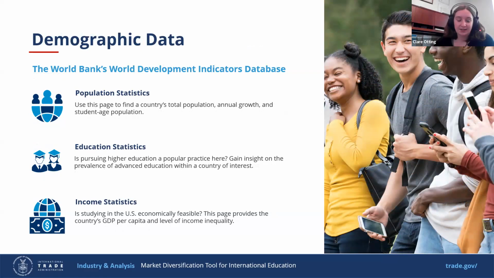And then it also has data that's specific to the education of the market's population. So we'll say the percentage of their population that has advanced degree, for example. And then there's also the income and income inequality statistics, which may be able to help you determine how many students in this market might be able to afford to come to the US.